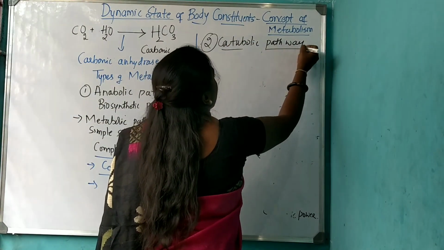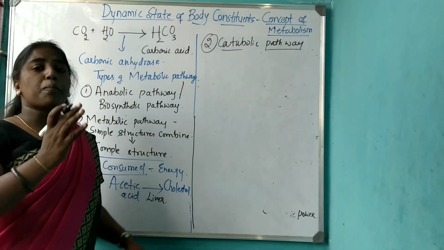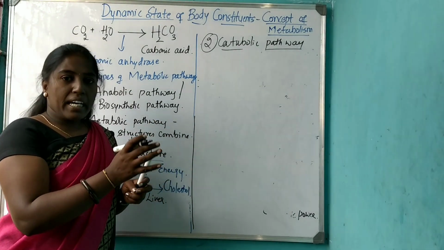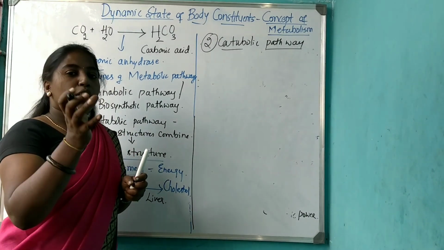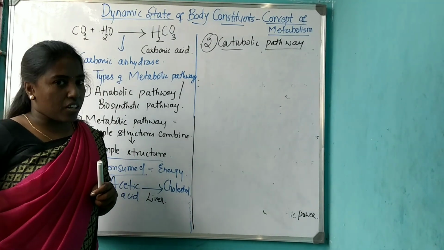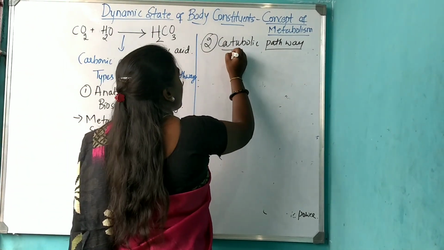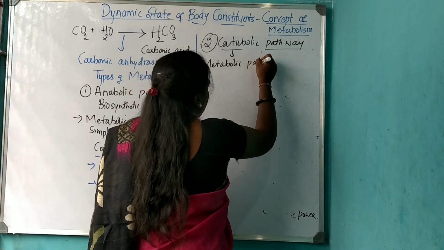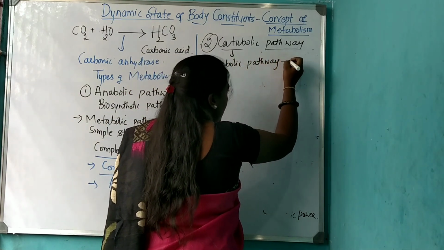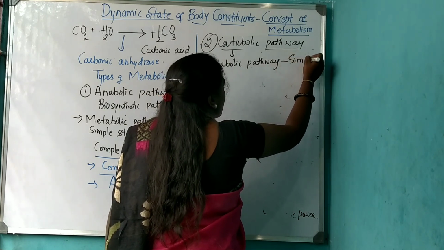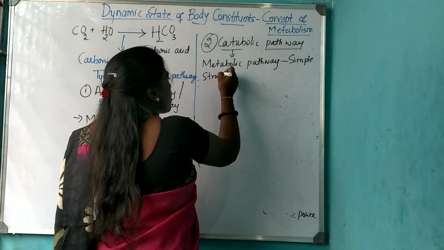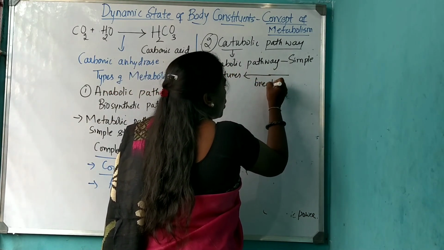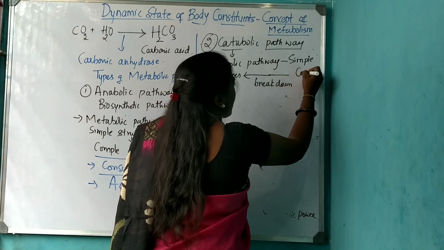Next, the catabolic pathway. Catabolic pathway means breakdown. It is a type of metabolic pathway where simple structures are formed due to the breakdown of complex structures. You can define it as a type of metabolic pathway where simple structures are formed due to the breakdown of complex structures.